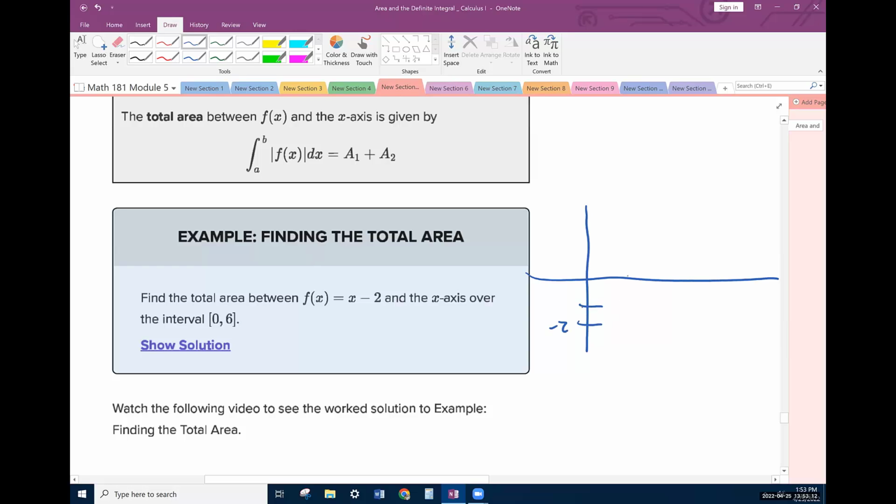It's going to cross at 2 and go up as high as 4. We want the area under the curve here and here, but we want total area.